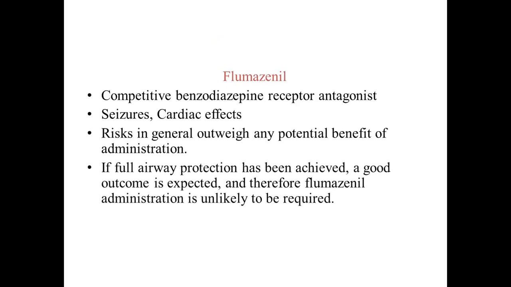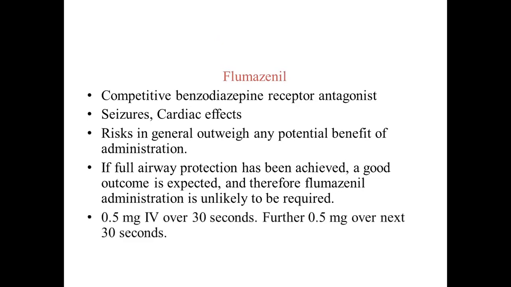When you use it, the risk is higher than the benefit. So if the airway is protected, a good outcome is expected, and flumazenil administration is unlikely to be required. The dose of flumazenil is 0.5 mg IV over 30 seconds and a further 0.5 mg over the next 30 seconds.